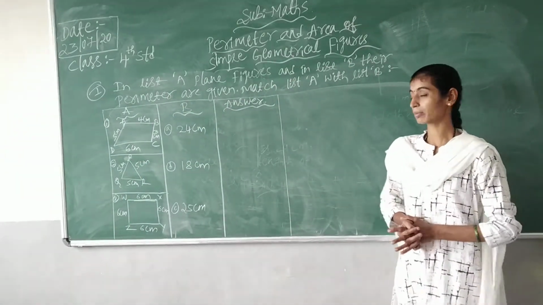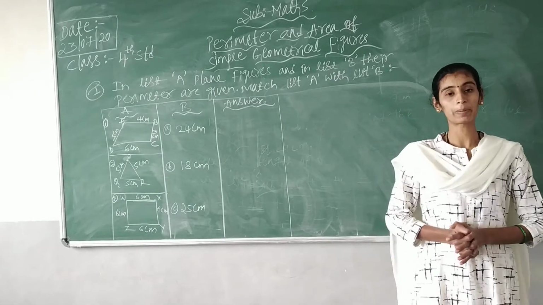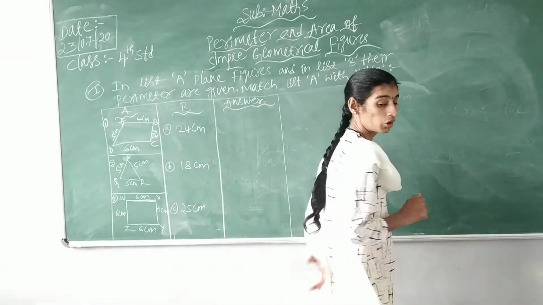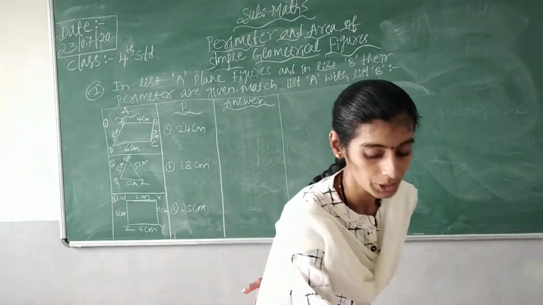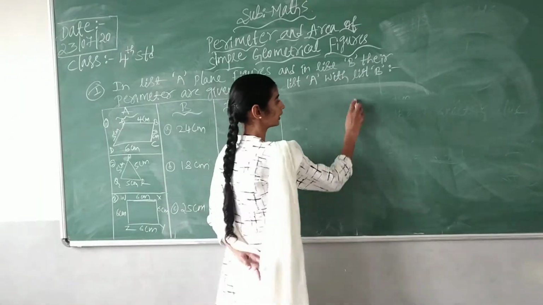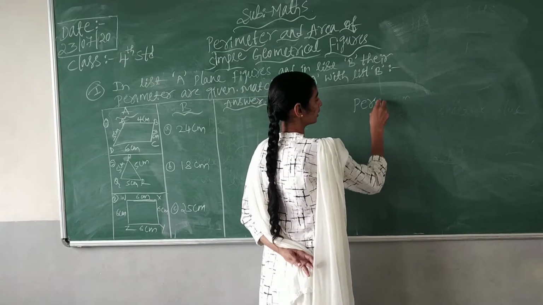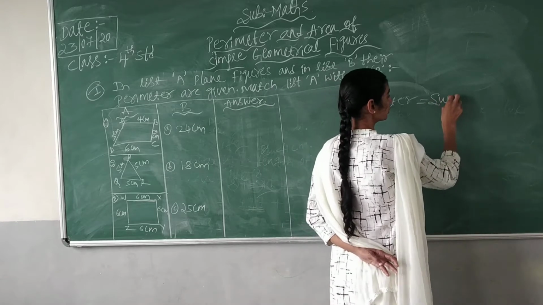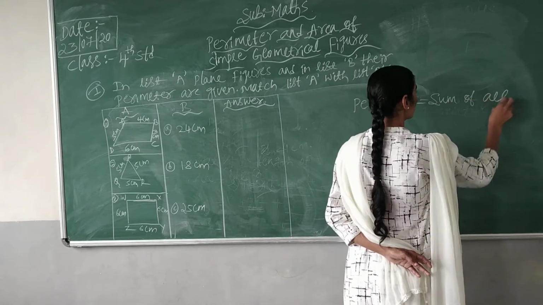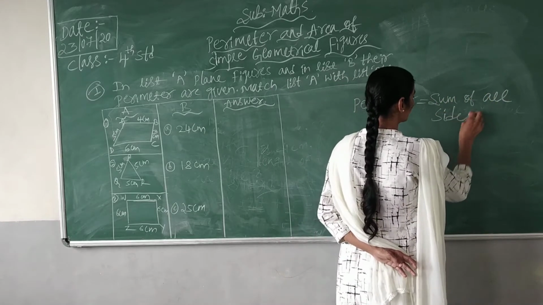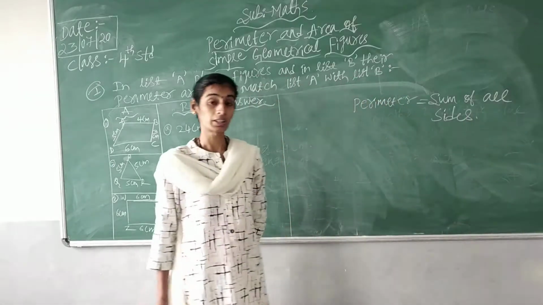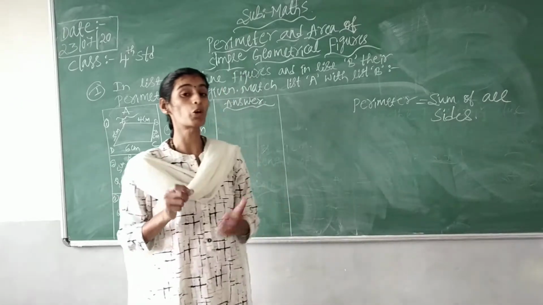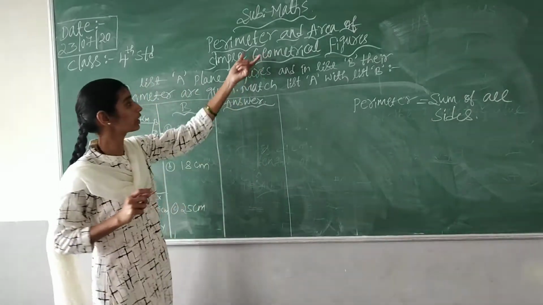So I hope you all remember, children. What do you mean by perimeter? Yes, perimeter is nothing but the sum of all sides. Perimeter is equal to the sum of all sides of geometrical figures.